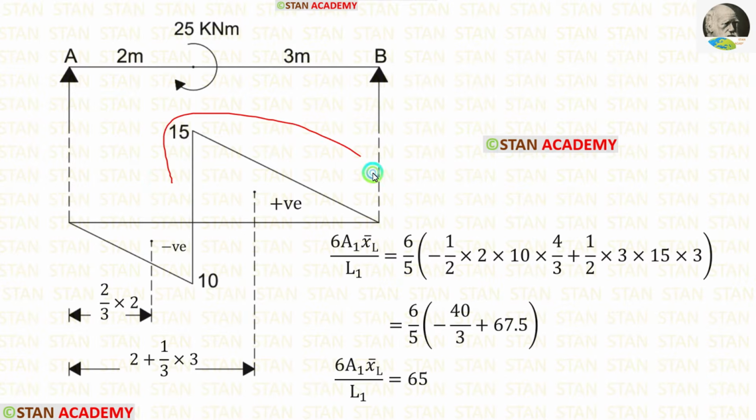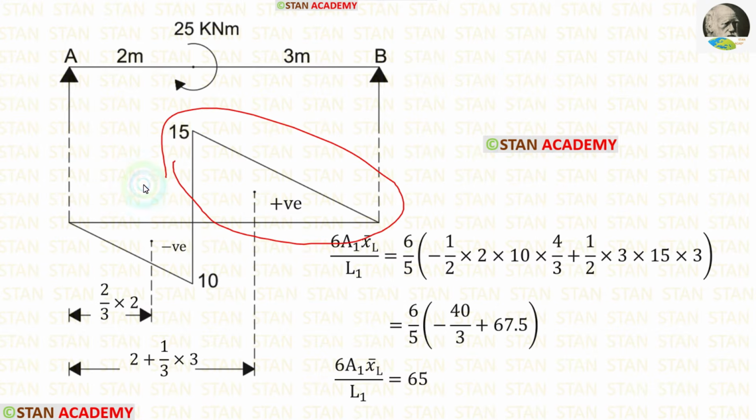Now let us take this triangle. First let us calculate the area. Then we have to calculate the centroid. For this triangle, the centroid distance towards the left is 1 upon 3 into breadth. Here the breadth is 3. Let us apply that.